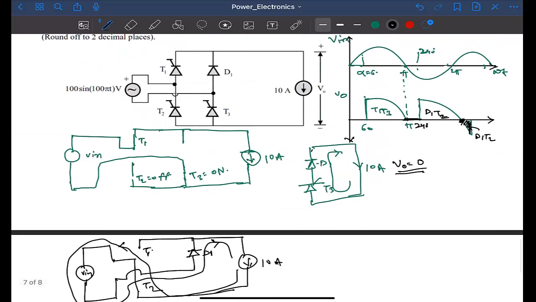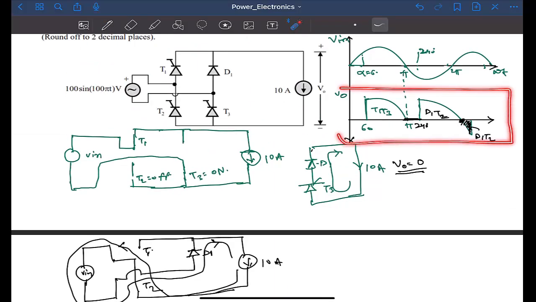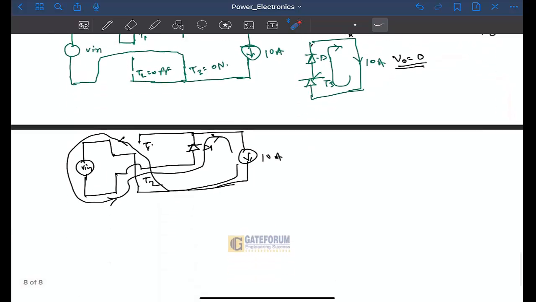So with the output voltage waveform, we can calculate the average voltage. So what is the average voltage? V average will be, period is 2 pi and the area we need to calculate. So this is the 2 pi period. Now we are calculating area.